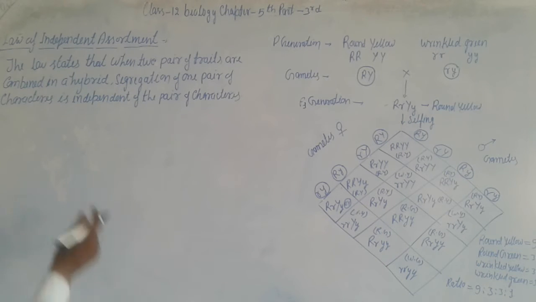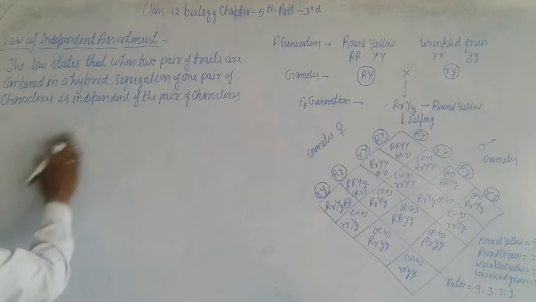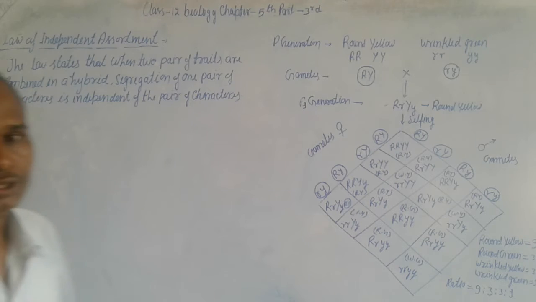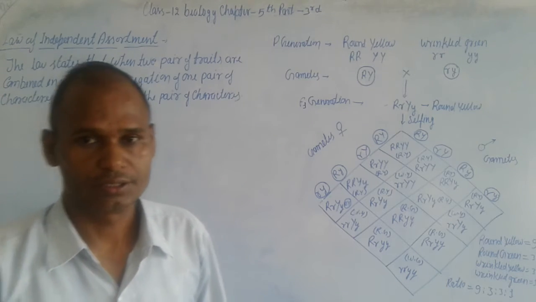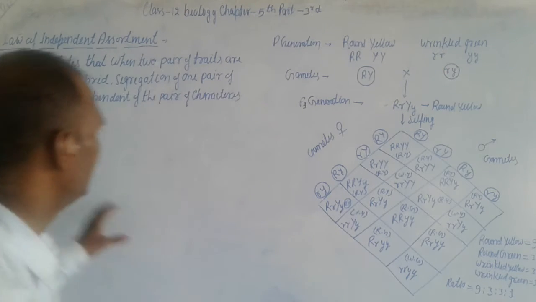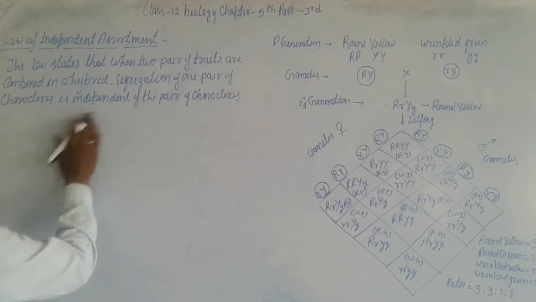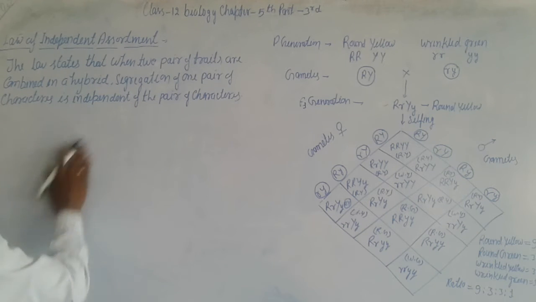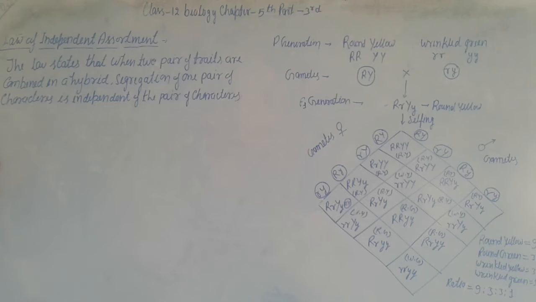So we take a dihybrid cross. We take two pairs of traits.